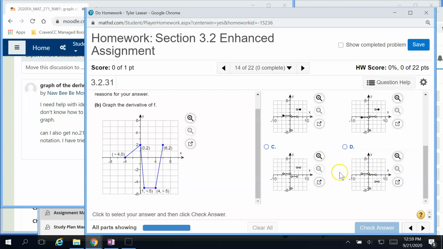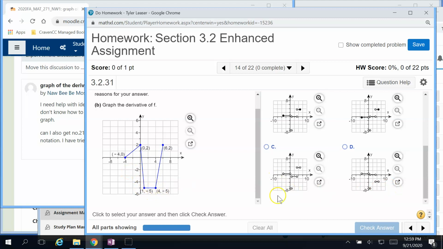So just picking the ones of these that would match here. -4 to 0, it's a positive slope, so it can't be that one because that's negative. The others are fine. From 0 to 1, it's a big negative slope, which it looks like all of those have. They're all down here at a big negative slope.